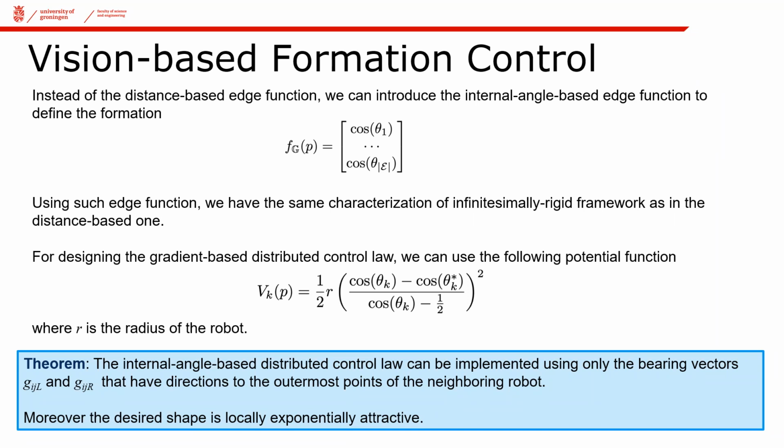If I'm not mistaken, Andrew Thiel's student is talking about the singularity of the potential function. I see there is a singularity when cos theta k equals half. What I want to ask you is, is it a significant problem in theoretical and also in practical aspects, Prof?